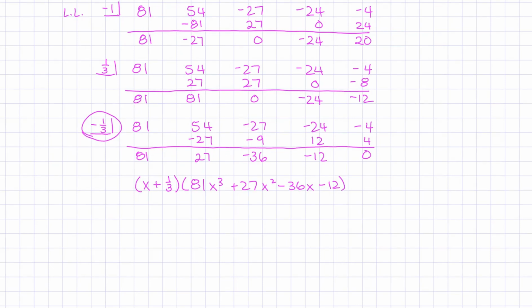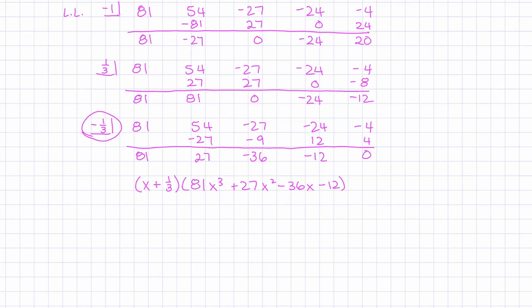Except we have fractions. Wouldn't it be nicer if we had only whole numbers? And the good news is we can get this down to only whole numbers. This will always happen. If you start with all integer coefficients, even if you have a fractional 0, you can still factor this into all integer coefficients. Notice we have a denominator of 3, but also every coefficient in the other factor is divisible by 3.